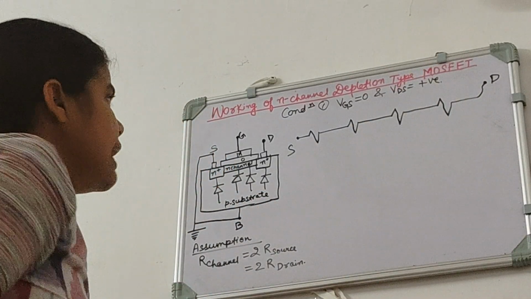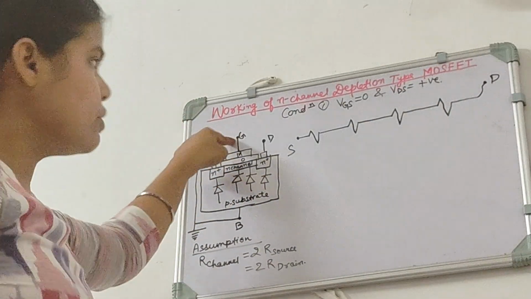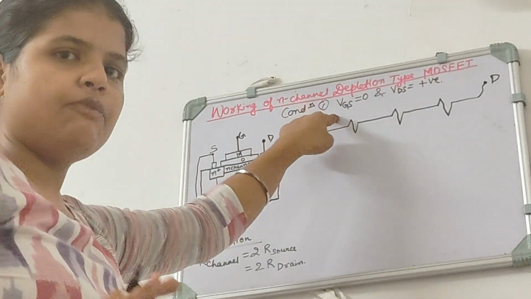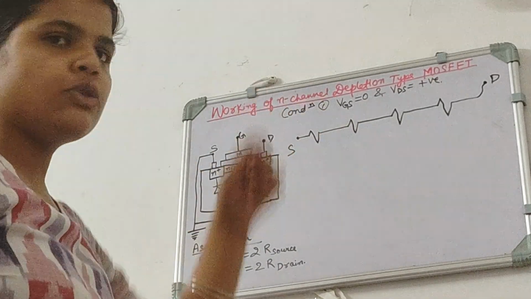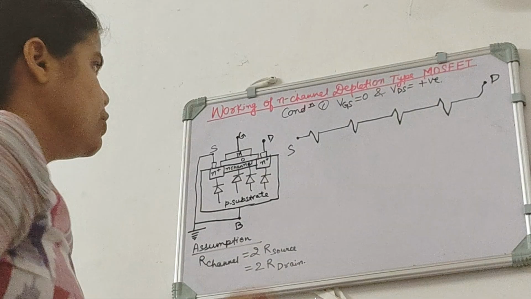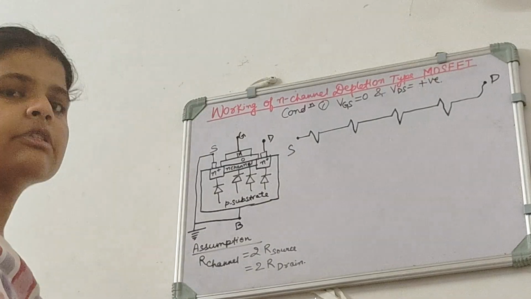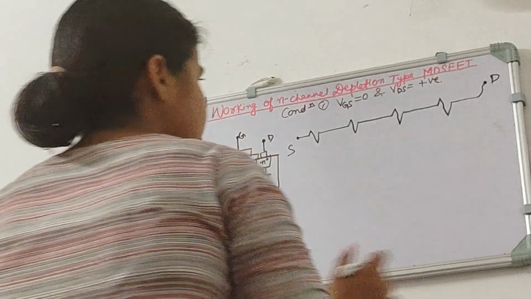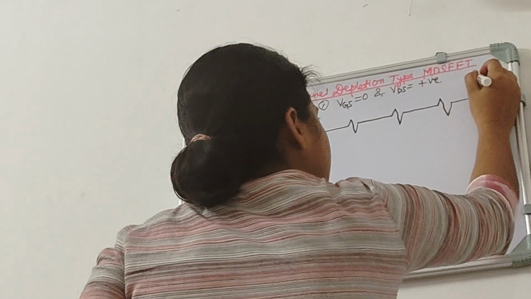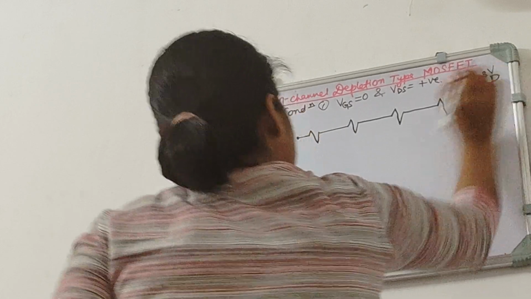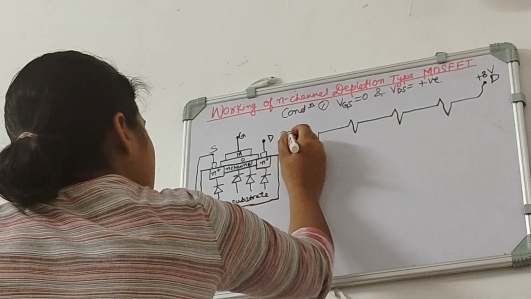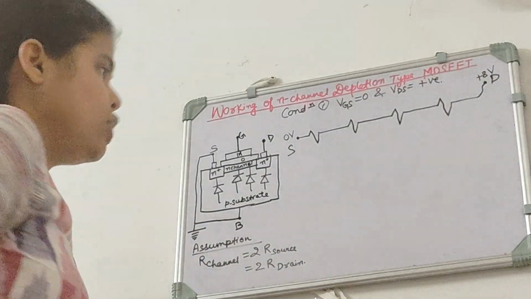So that means our VG will be 0, because we already know that VS equals 0. So VGS equals 0 means VG equals 0, and VDS positive means the drain terminal will have some positive voltage. So let's consider that our drain terminal has plus 8 volts. And we know that our source voltage will be 0 volts.